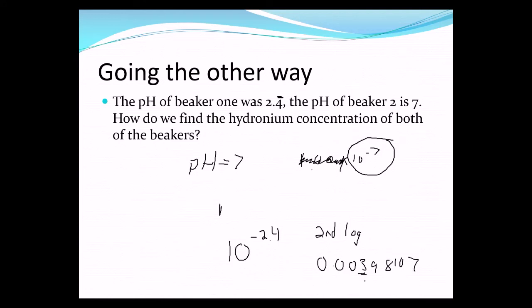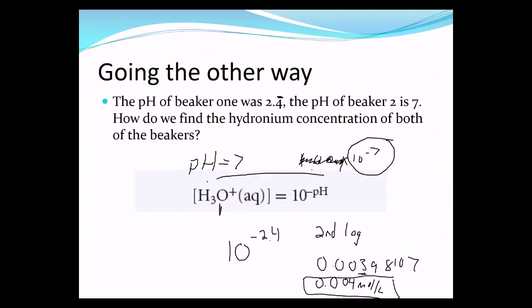So we would want to answer to just 1 sig dig, so 0.004. And we always give the units of moles per liter for our answer, right? So this is our formula. This is in our data booklet with the pH stuff. So you can find that in your data booklet. To find hydronium, it's 10 to the negative pH.